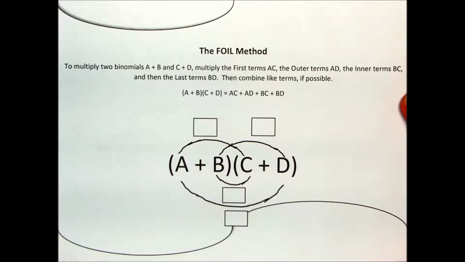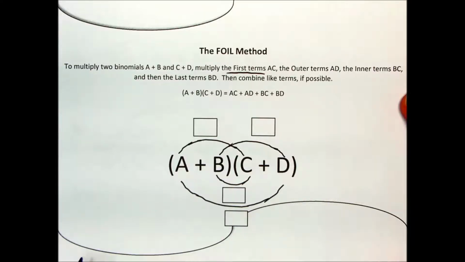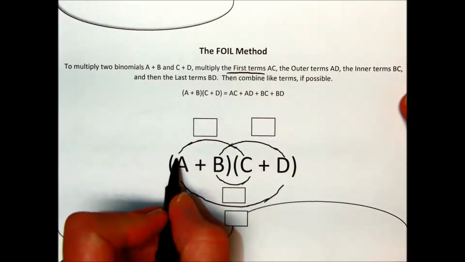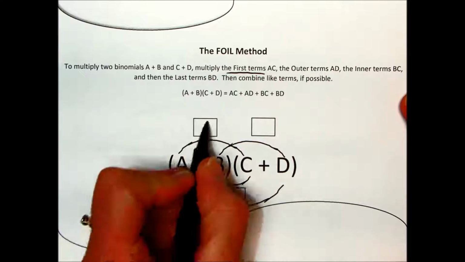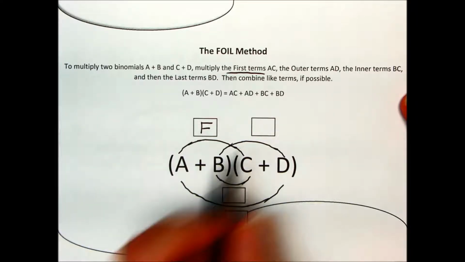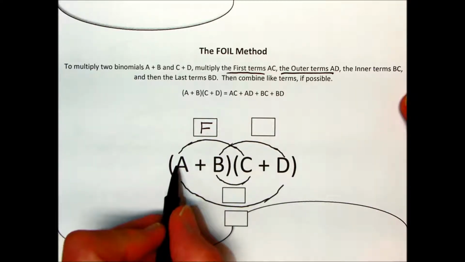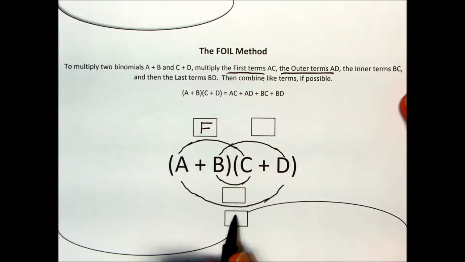If you have a binomial times a binomial, we start out by multiplying the first terms together. That's the F. And the first terms are here. It's the first terms in each of the binomials. Next, we will do the outer terms, and by outer they mean the gatekeepers, the beginning and the last.